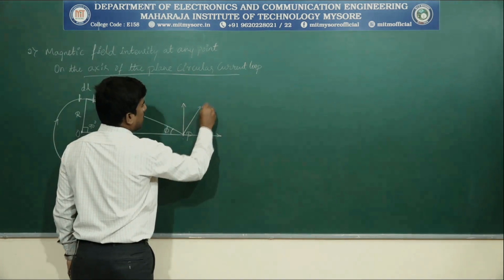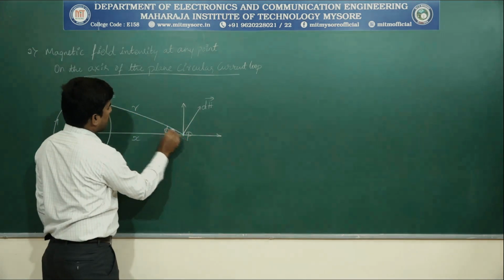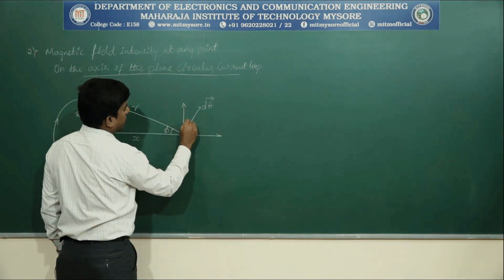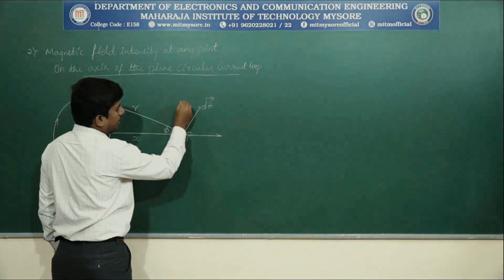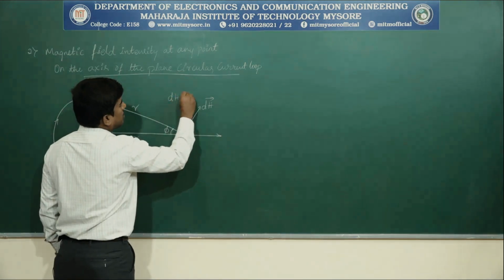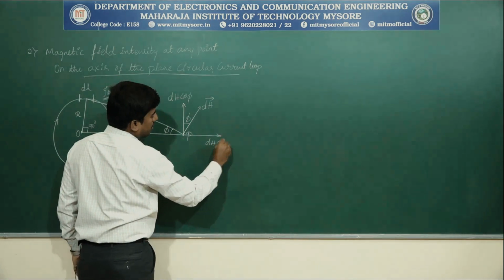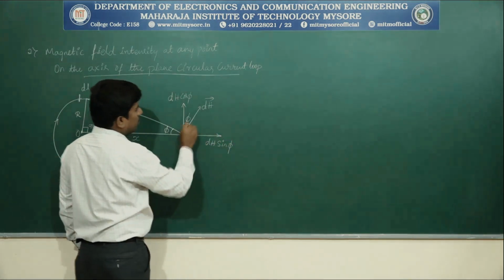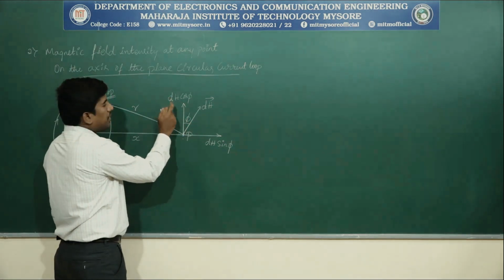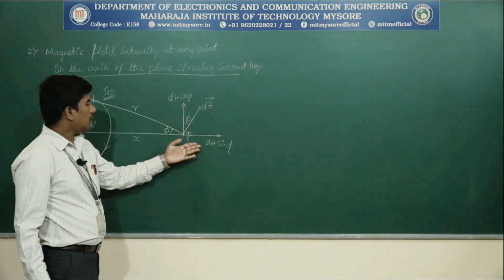This is dH component which is perpendicular to this vector, which forms an angle phi here. If we resolve this dH component, then this can be written as dH cos phi, and this can be written as dH sin phi. If we resolve this vector dH into its components, then this is dH cos phi, and the horizontal component is dH sin phi.